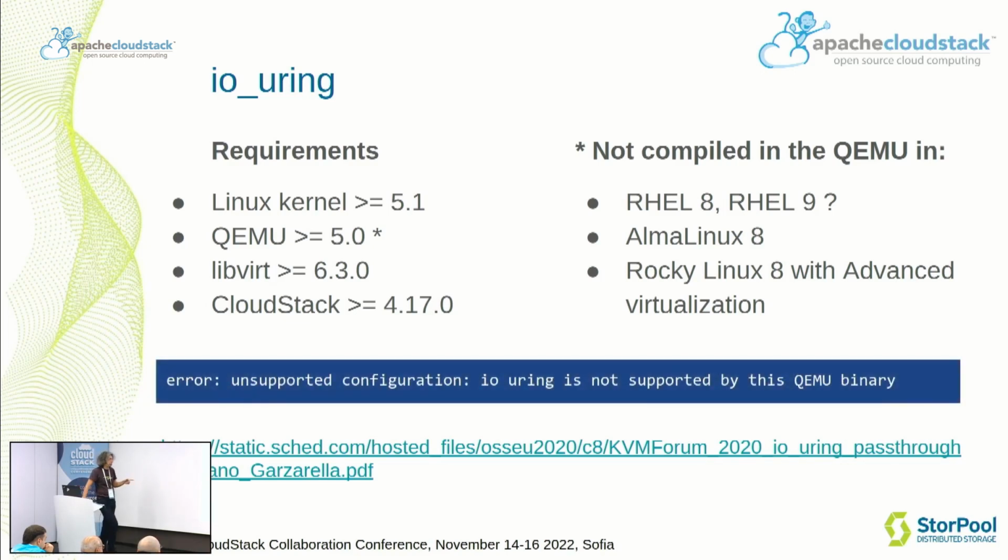So if you try to use this binary, you end up with such an error. In general, it is not guaranteed that you have this available in your configuration yet. Probably in a year or two, it will be much better, but today it's still difficult to rely on this feature.